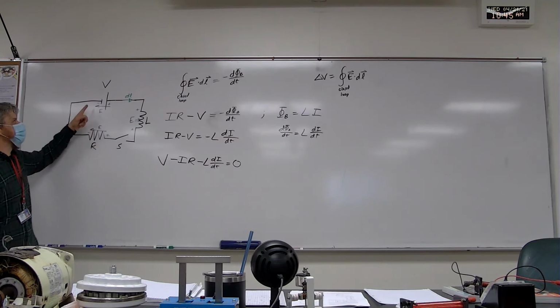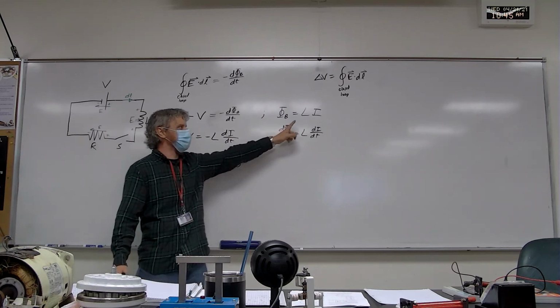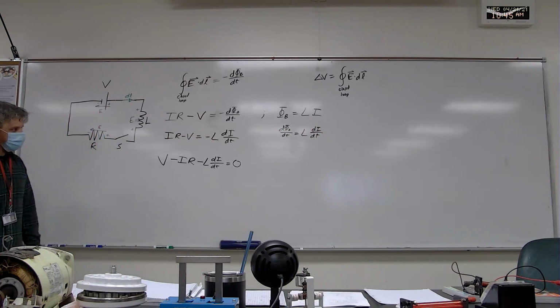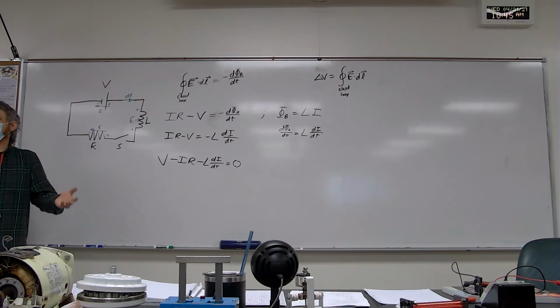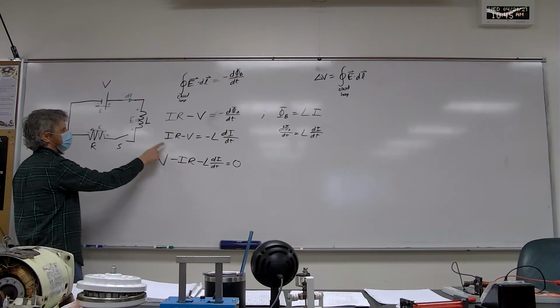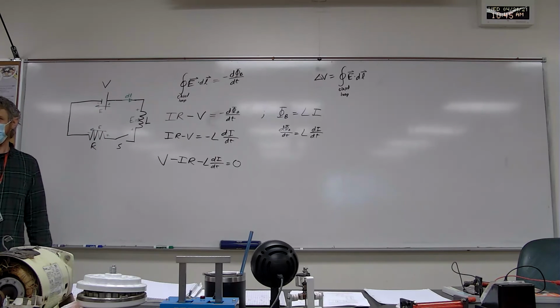So you could just say voltage drop here, where voltage drop is kind of like L times di dt, but not really. If you wanted to think of it that way, then you're okay. You've got a voltage gain from the battery, a voltage drop from the resistance, and then that weird L di dt when it comes to the inductor.